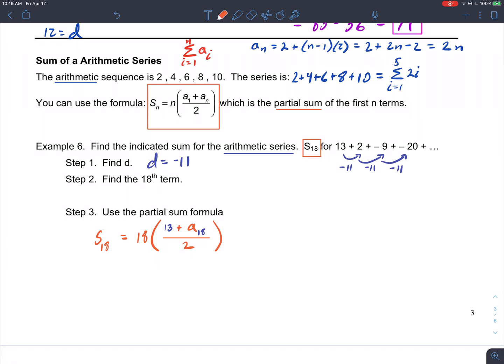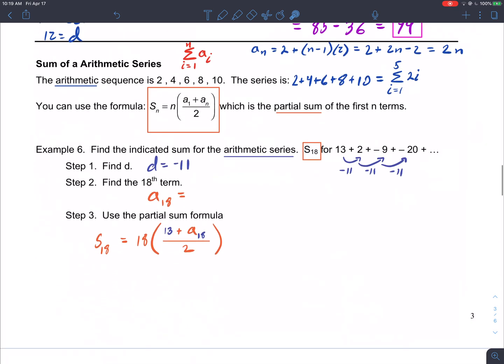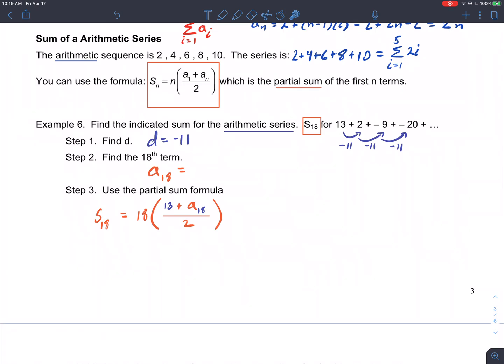So a sub 18 I can find using the formula for the nth term. It says take any previous term plus the number of the term you want, which is 18, minus the number of the previous term you used. Usually this is the first term, so that k would be 1, times your common difference d. I do have the first term, so I might as well use it.